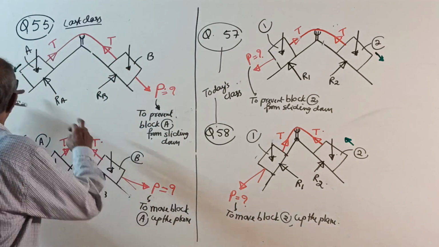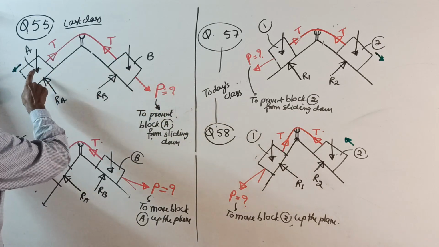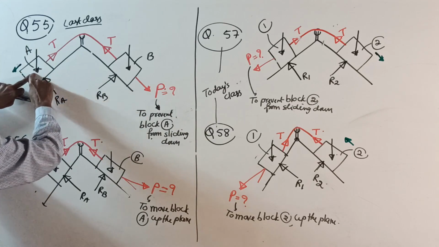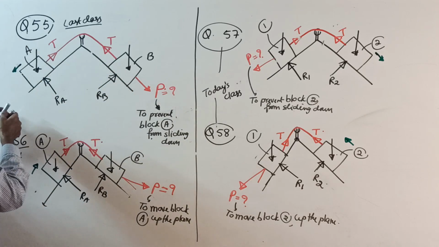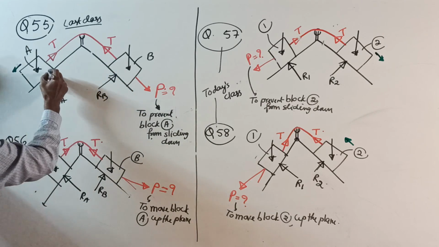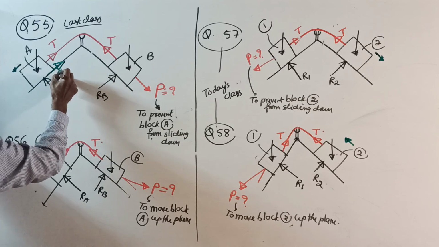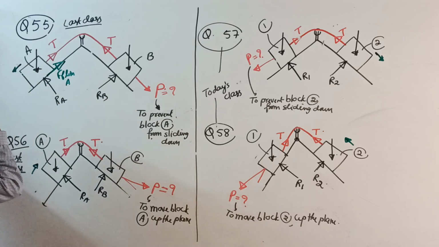See here, once again, apply a force P to prevent block A from sliding down. So tendency of block A is to slide down. Since it tends to slide down, the friction force is up here. See, FF limit for A. How much is not required.